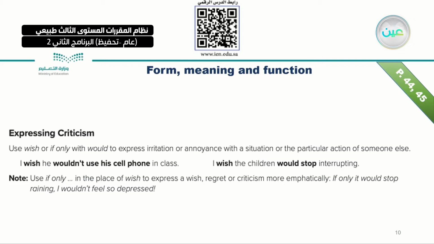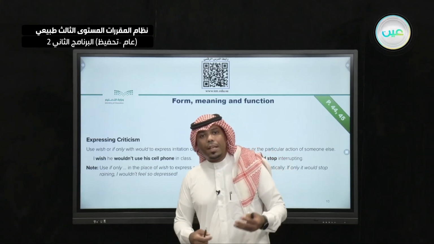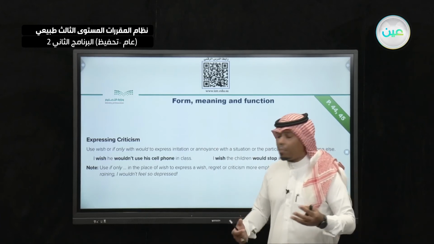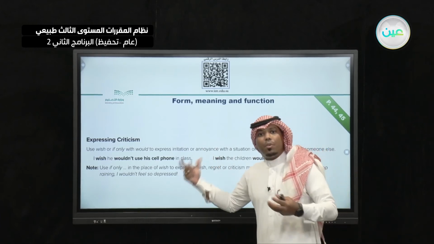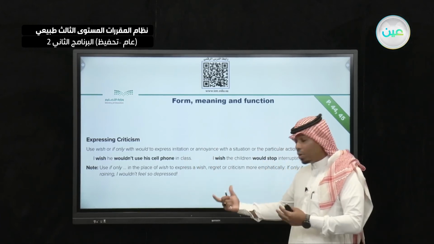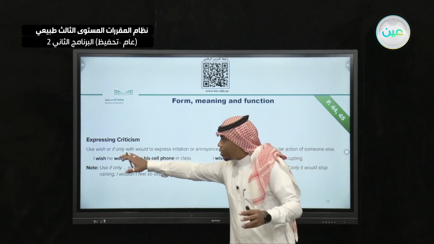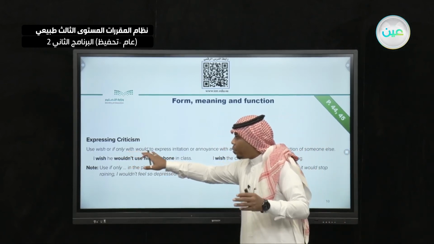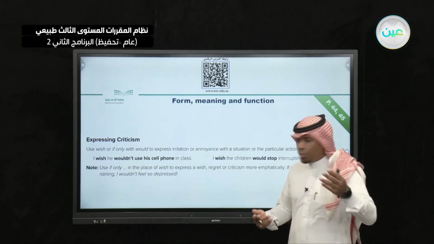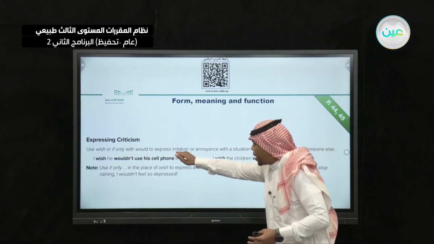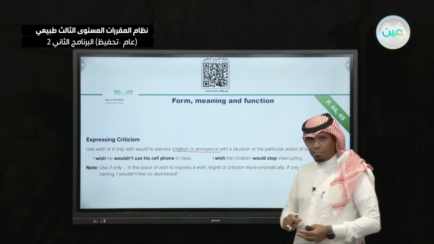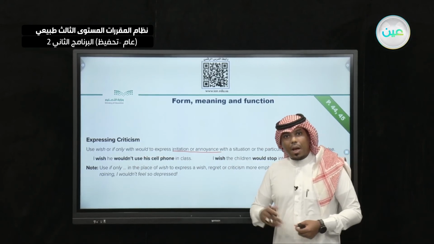Now, let's see how you can express criticism. When I'm talking about criticism here, it means that you are going to use a rule. Use wish or if only with would. Why? To express irritation or annoyance.